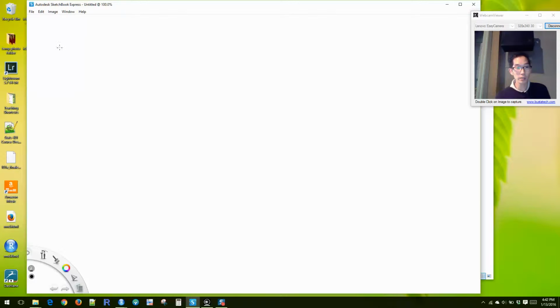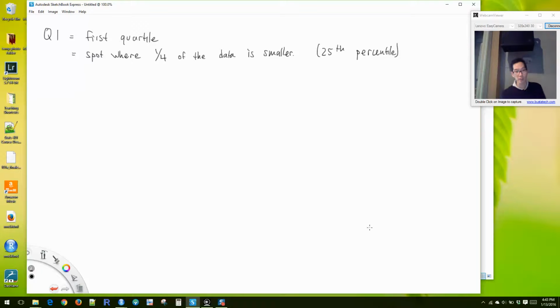Let's start off with Q1, our first quartile. This is the spot where 1/4 of the data is smaller. It can also be thought of as the 25th percentile, the spot where 25% of your data is smaller.